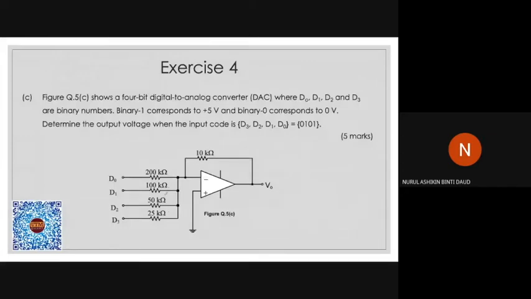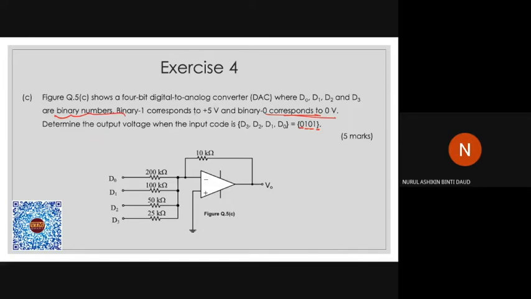And they said here that the input signal is in binary numbers. It means that it will represent only 0, 1, 0, 1. And 0 corresponds to 0 volts, which means the input signal is 0 volts.